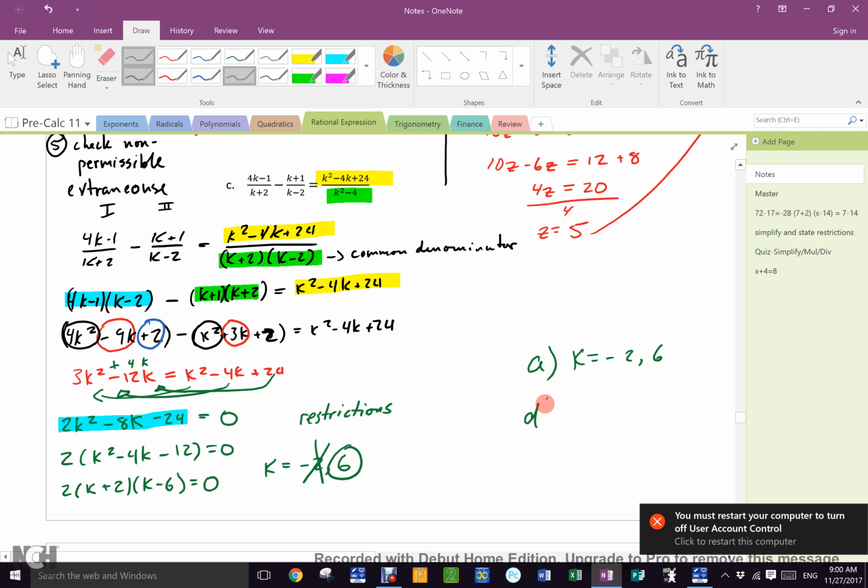And of course, choice D would be K equals 6. Now, in a multiple choice test, you circle A, you've got it wrong, even though you did all this work correctly. That is why I don't like multiple choice. You guys all love it. I hate it. Because it's right or wrong, even if you do all the work correct.